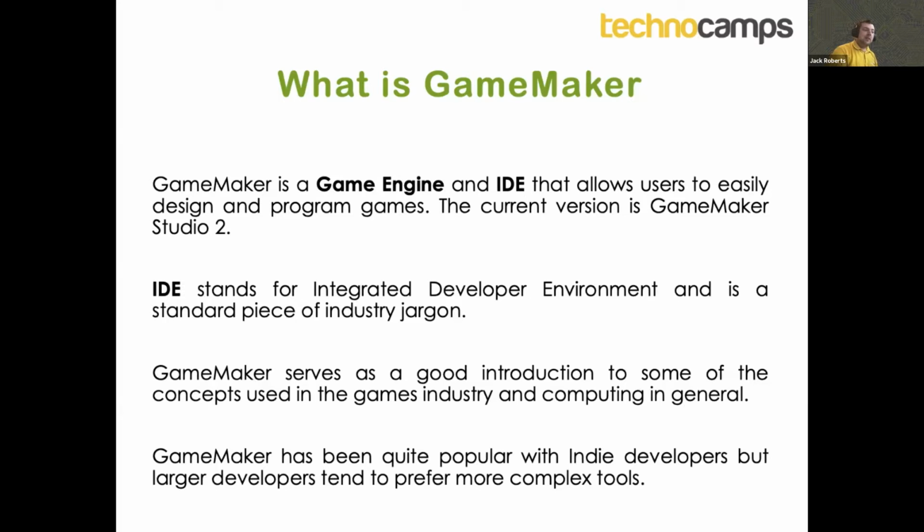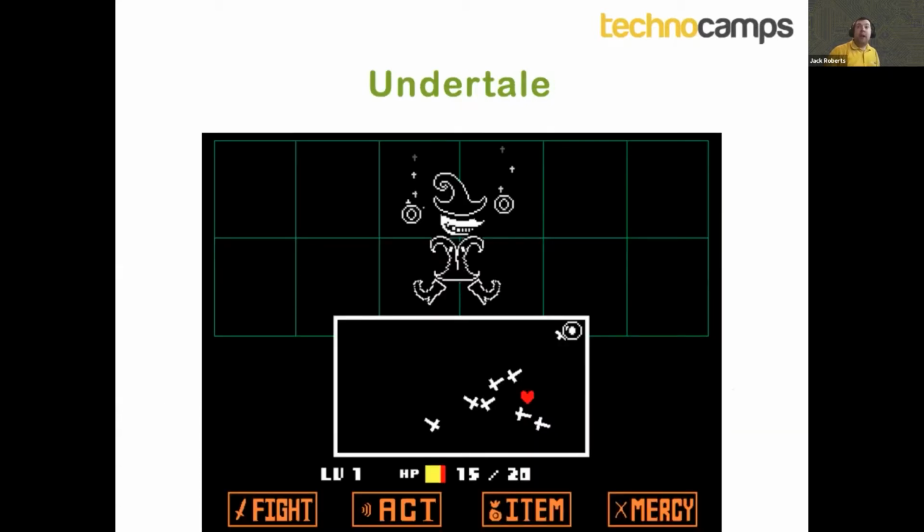For that reason, GameMaker is very popular with indie developers, independent developers, but the larger developers tend to prefer more complex tools. So a couple of games that have been made in GameMaker, if you could pop your hands up if you've ever heard of Undertale. No?